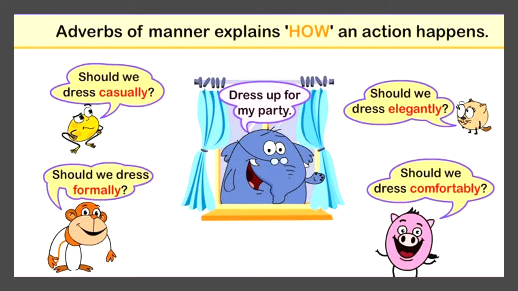So we see that the action of dressing is happening in so many ways. The words casually, formally, elegantly, comfortably, they all mean different ways of dressing, right? So these are actually adverbs of manner.